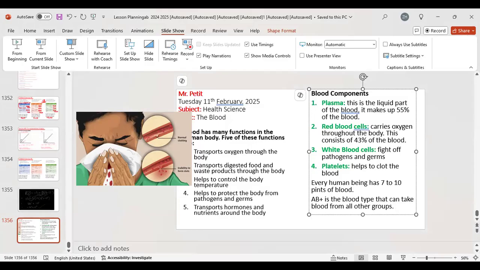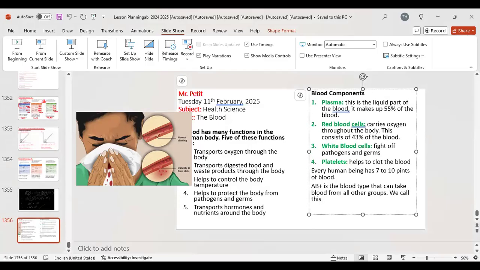We call this blood type the universal receiver, the universal recipient.